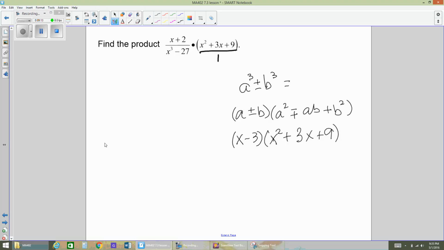So I have x plus 2 over here. I have the quantity of x minus 3 times the quantity of x squared plus 3x plus 9. I can already see it's going to cancel, but I'm going to just write it again for you so that you can really see what happens.